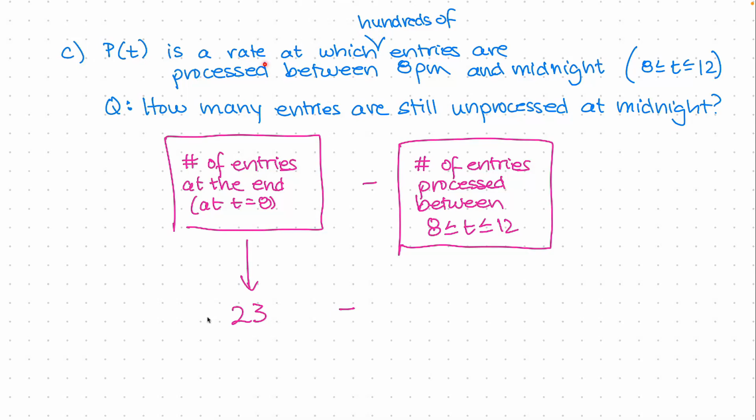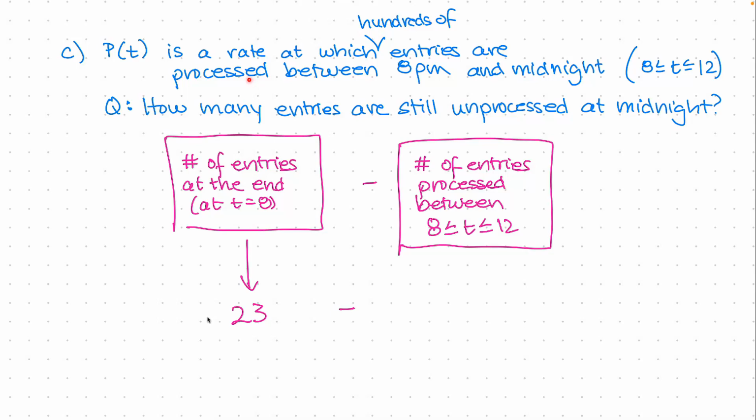The derivative of what? Well, it's the derivative of whatever the function is that represents the number of entries processed. If P of t is the rate at which the entries were processed, then P of t is the derivative of the function that represents the number of entries being processed. Does that make sense?